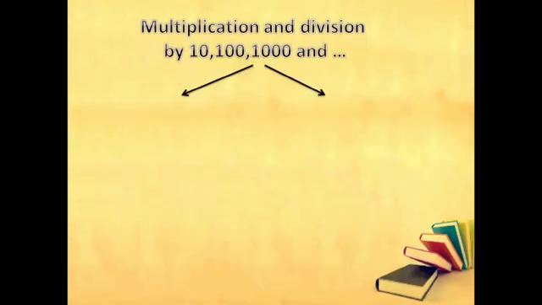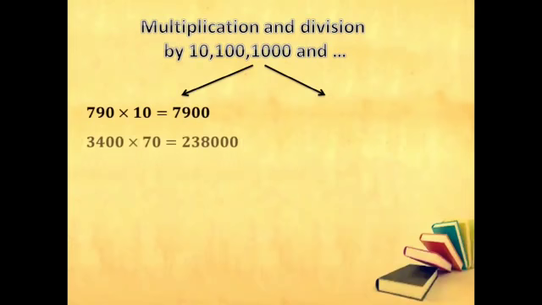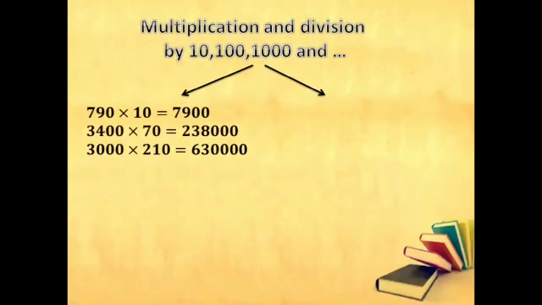So let us learn more multiplication and division techniques when you multiply by 10, 100, 1000. Observe these examples. You can multiply the digits 79 and 1, then add the number of zeros, that is 2 zeros.